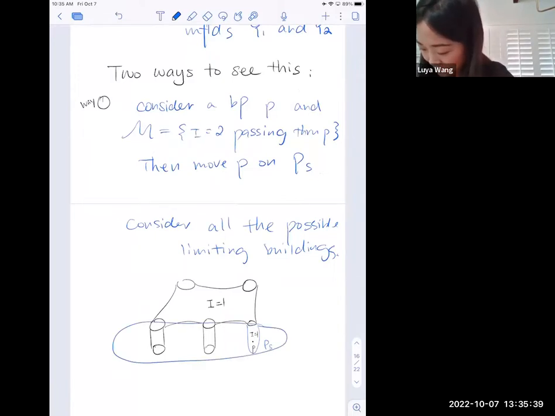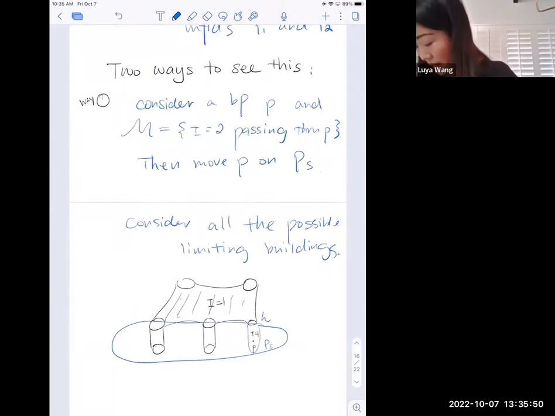Maybe you can have branched cylinders here, but you will have that on the top level, right? You have to have a negative end on H appearing.